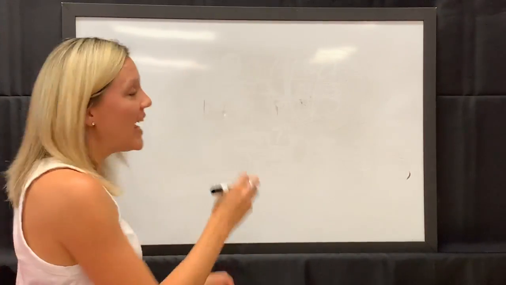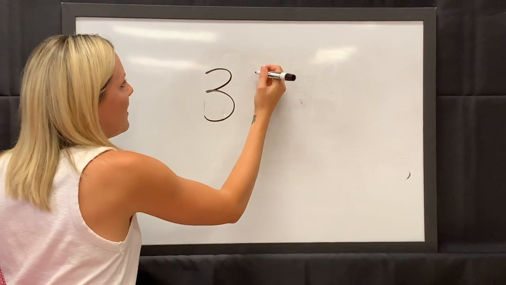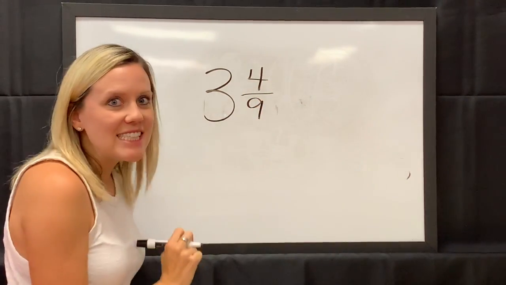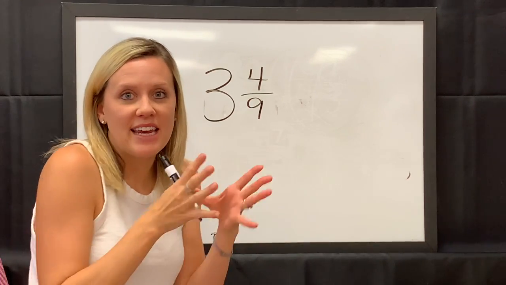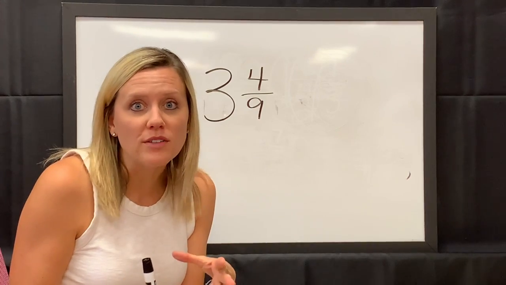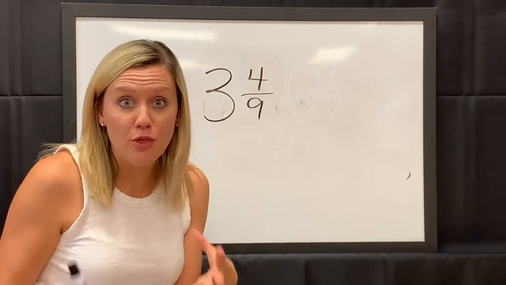Let's pretend we have 3 4/9. Well, this number 3 represents 9/9, 1 whole, another 9/9, 2 wholes, and another 9/9, 3 wholes.